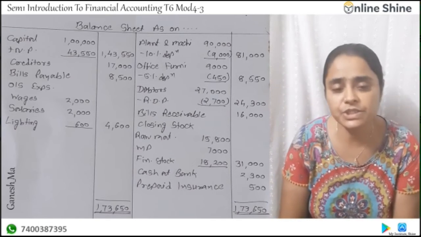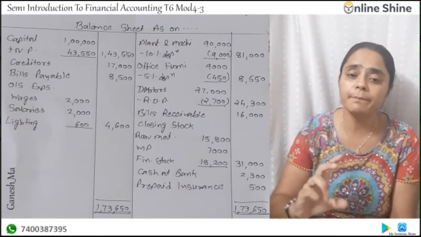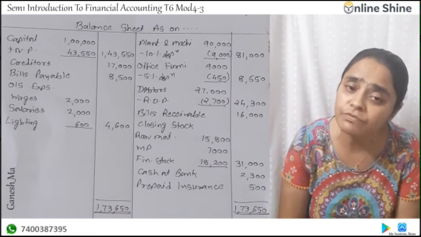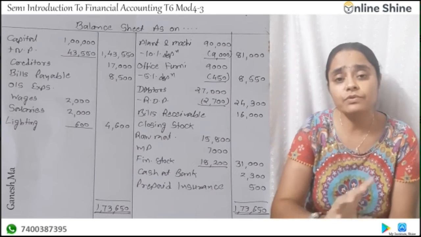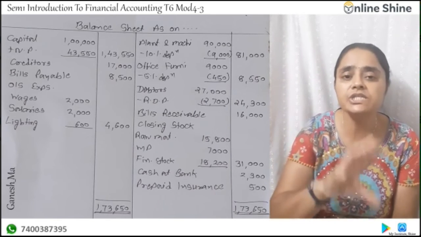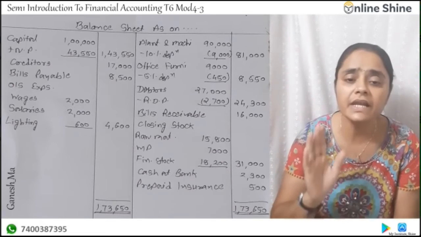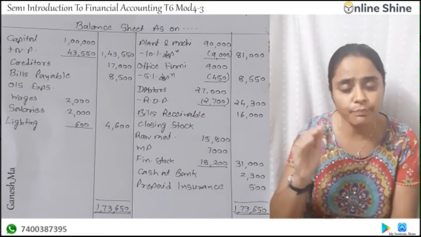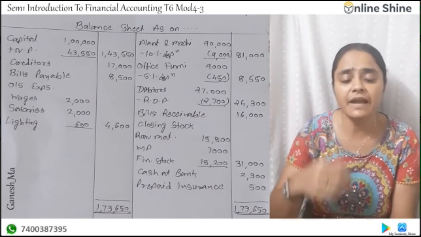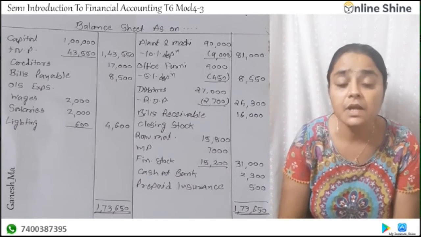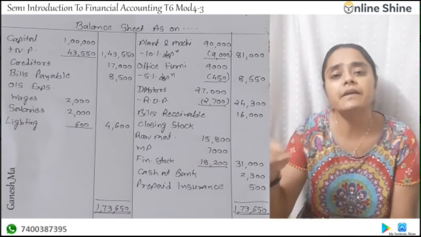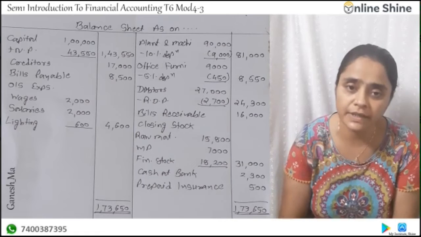The very important point to keep in mind is that you have to start very carefully with each and every item. You have to check again and again the items which you have posted. Sometimes it may happen that while recording depreciation, I deduct 9,000 from my machinery, but while writing in P&L, I write 8,000 or 8,500, then your balance sheet will not get tallied.